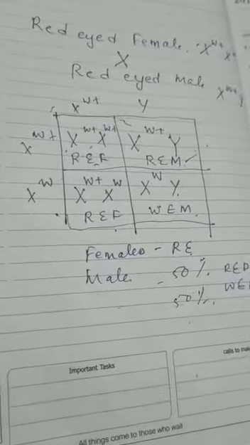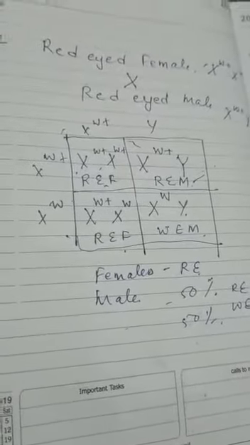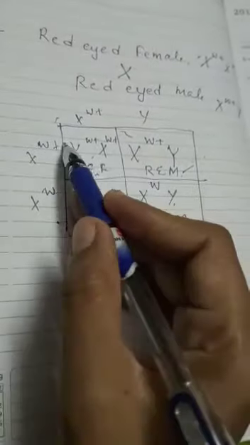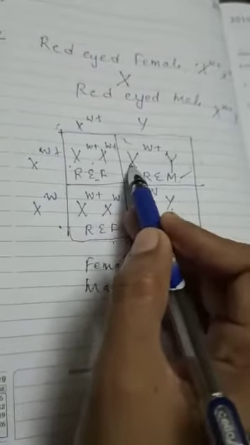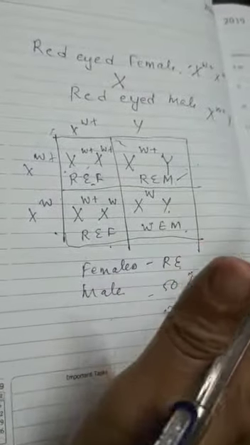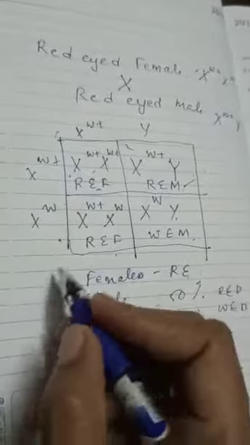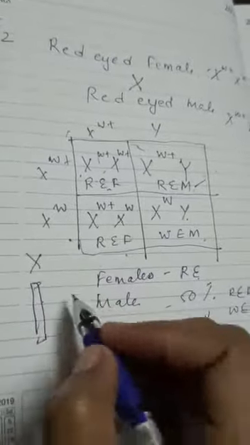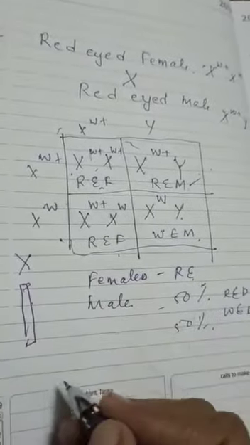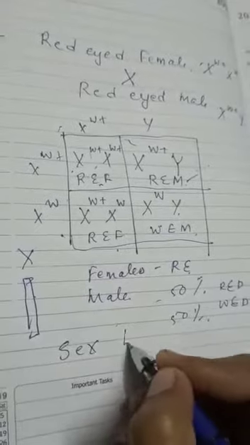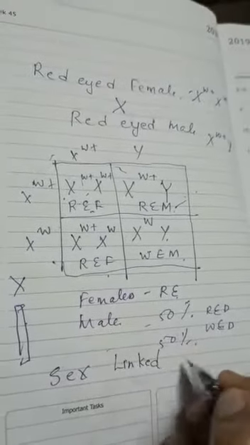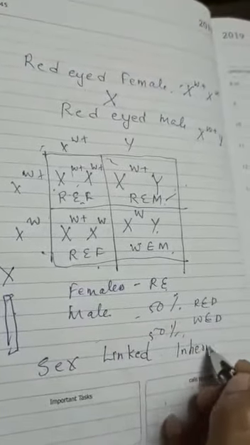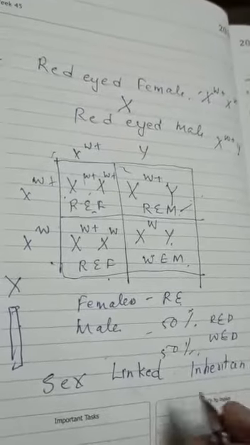So this showed that the genes are located on the X chromosome, for which there is no corresponding allele on the Y chromosome. That means all the changes taking place here are because the genes are located on the X chromosome. So this is what is called sex linked inheritance.